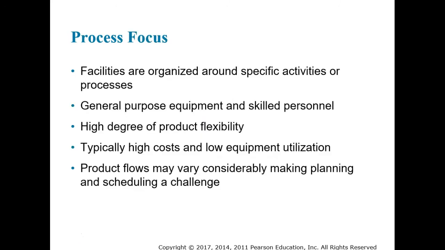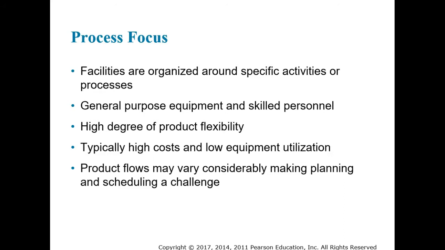So the vast majority of global production is devoted to making low-volume, high-variety products in places called job shops. Such facilities are organized around specific activities or processes. So in a factory, these processes may be accounts payable, sales, and even payroll.